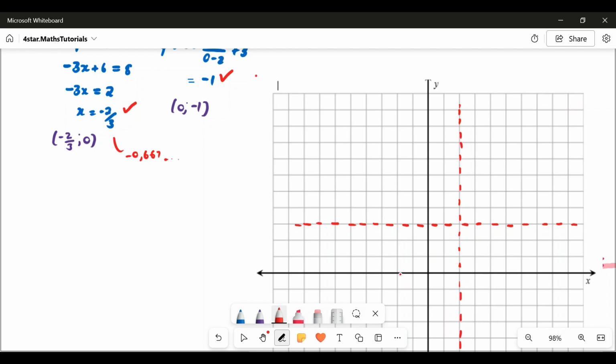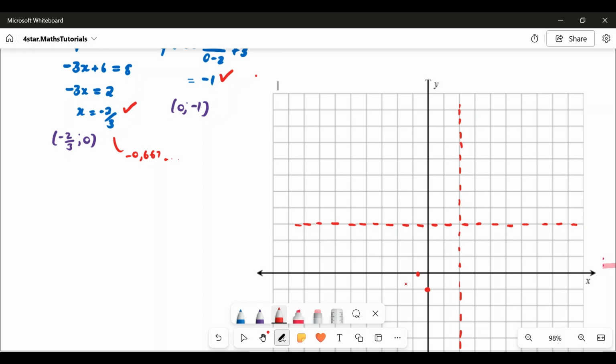So here we're having negative 1, then negative 0,5. Somewhere there, here is our x-intercept. Then the y-intercept is negative 1, here is our negative 1.